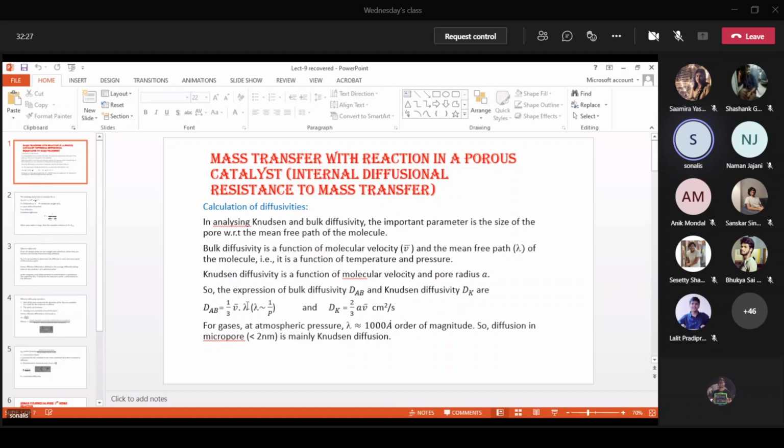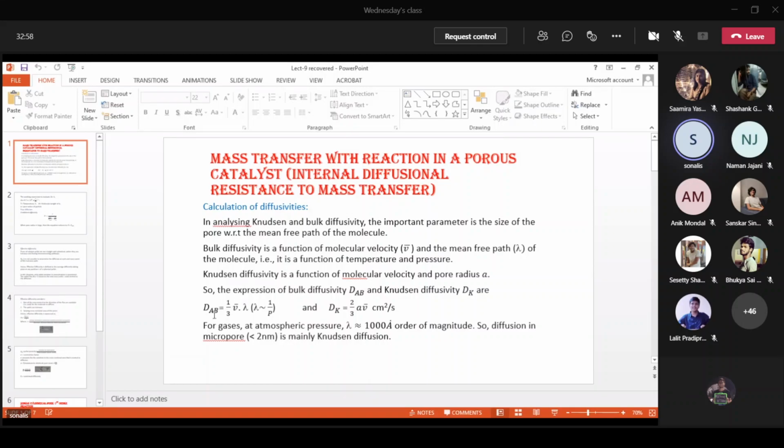Now, there are some empirical formulas by which we can calculate different diffusivities. Bulk diffusivity is a function of molecular velocity v bar and the mean free path lambda of the molecule. That is, it is a function of temperature and pressure. And Knudsen diffusivity is a function of molecular velocity and pore radius a. So how do we express these two diffusivities?